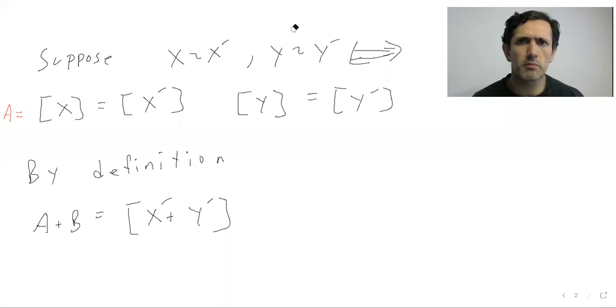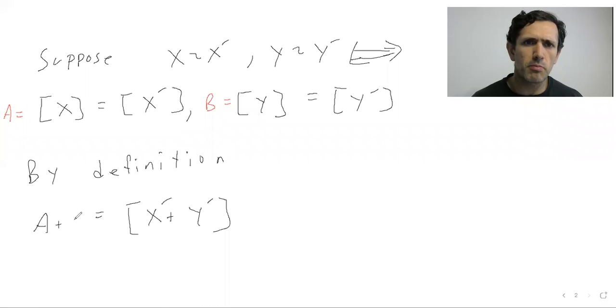But A is a class generated by x prime, B is a class generated by y prime. So by definition, A plus B is this class here, the class generated by x prime plus y prime.